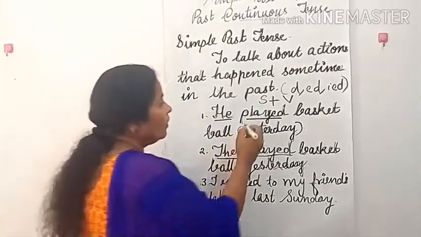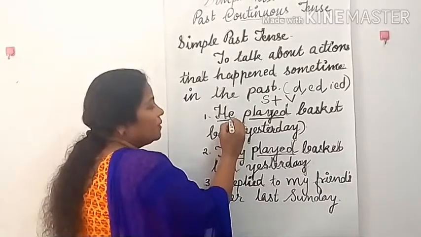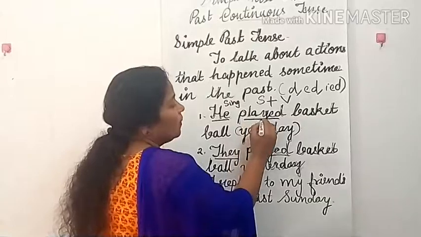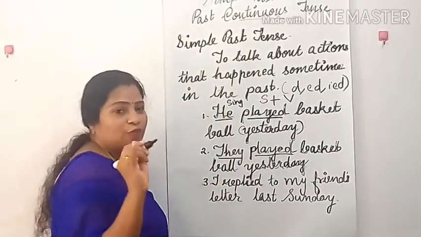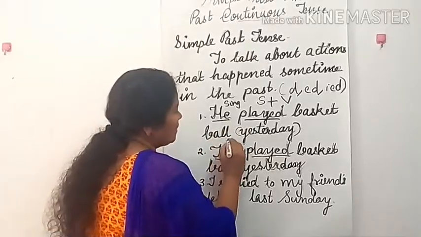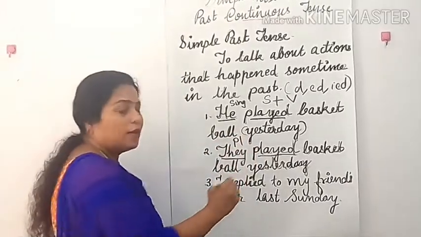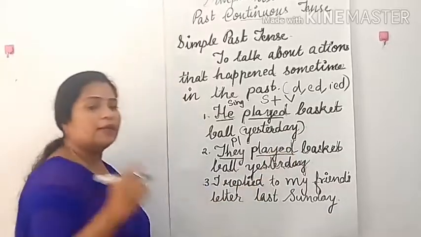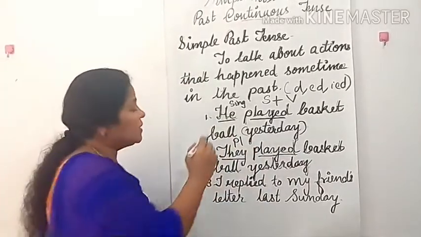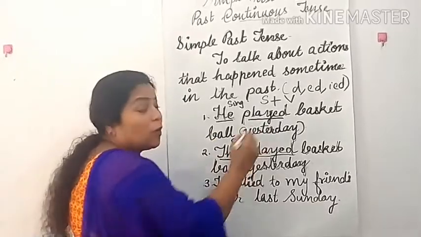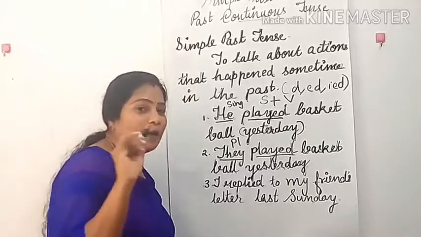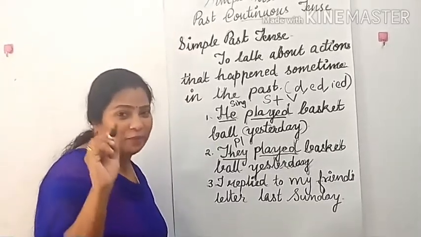Here the subject is he, which is singular, and played is in the V2 form, that is past tense. Here also the subject is plural. And the verb is again ed, that is V2 form, and whether the subject is singular or plural, there will not be any change in the verb as it was in the case of simple present tense. I hope you remember that.